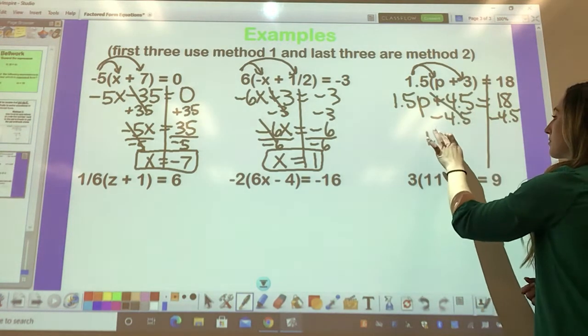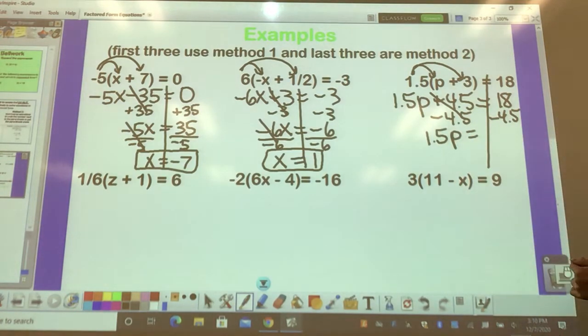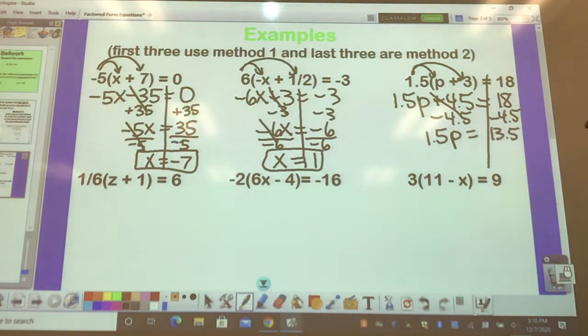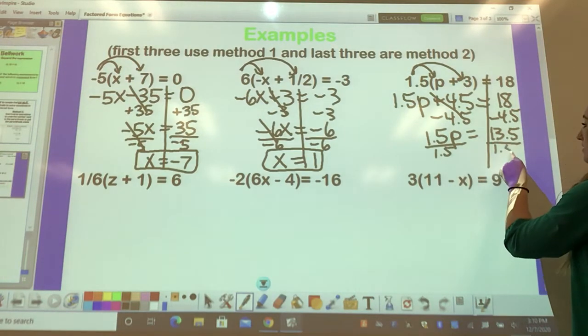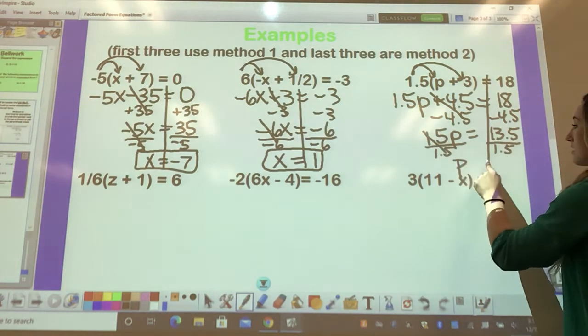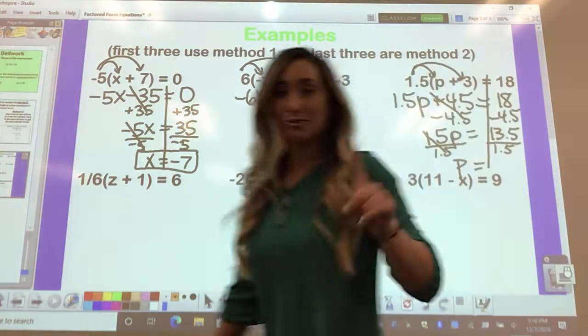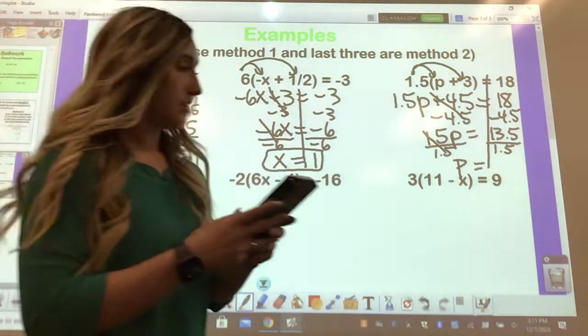That leaves me with 1.5p equals 18 minus 4.5 is 13.5. And divide both sides by 1.5 to get p equals whatever 13.5 divided by 1.5 is. One sec, let me get my calculator. 13.5 divided by 1.5 equals 9.